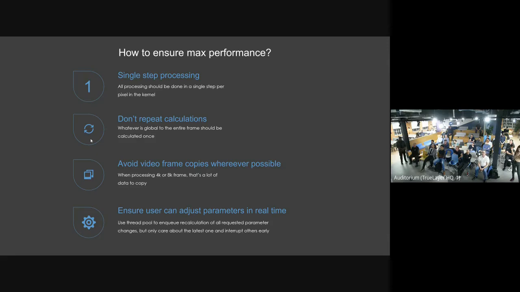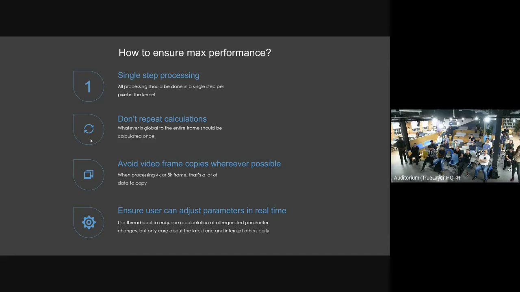So everything should be as simple as possible in a single step. Then whatever is the same for the whole frame of the video should be calculated in Rust beforehand, and the kernel that's actually run on the GPU for the pixel should not repeat those calculations. That's just a waste of computational power.